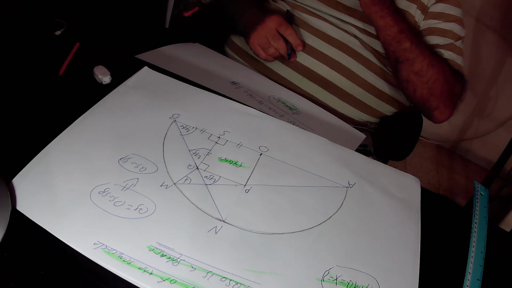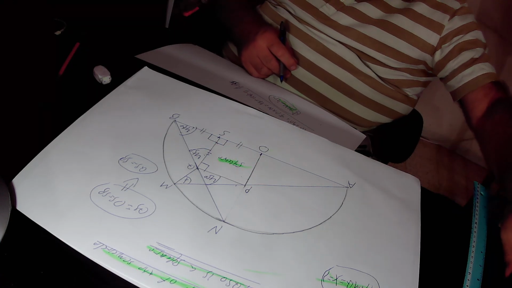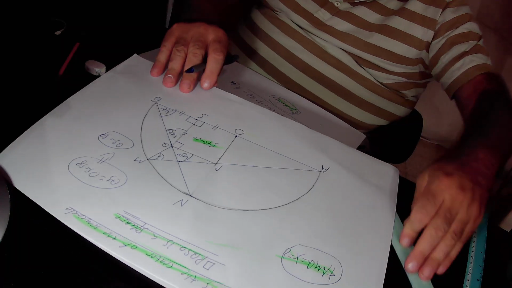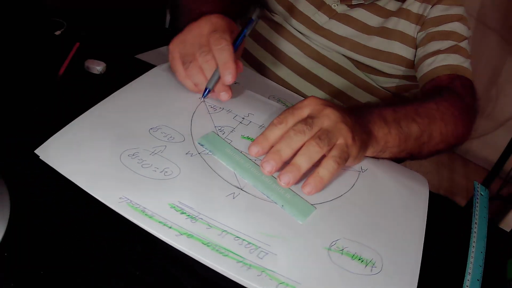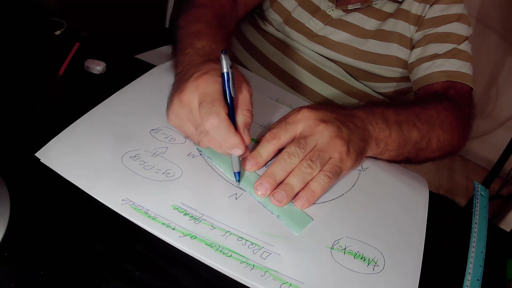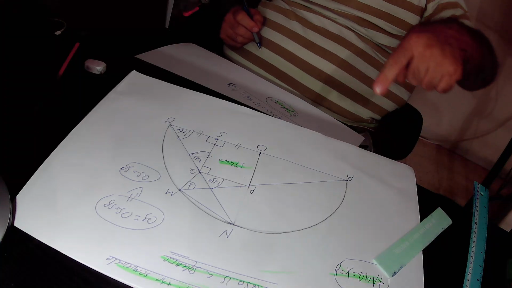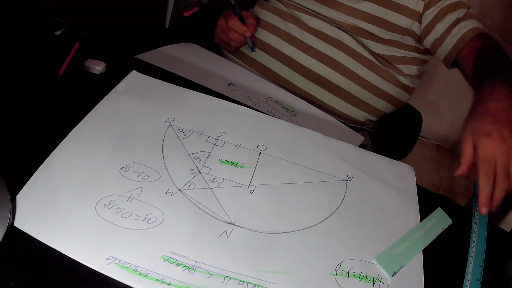In the next step, we will join points M and N together by a straight line. And we'll also join points A and N together by a straight line.